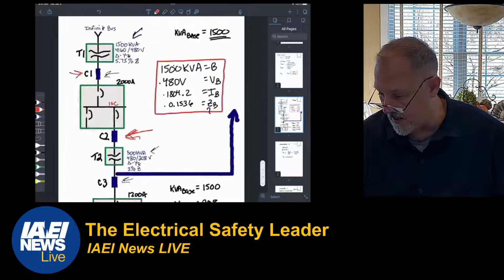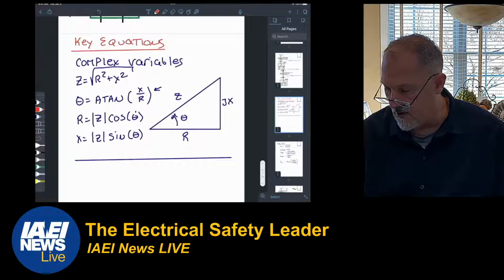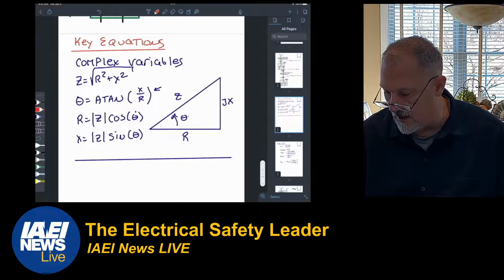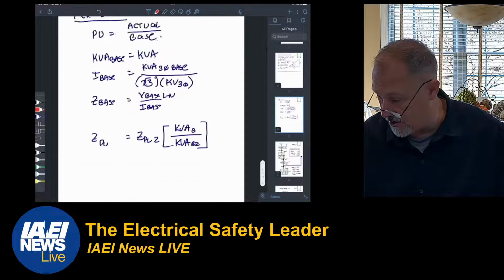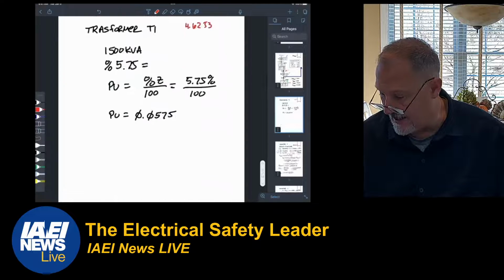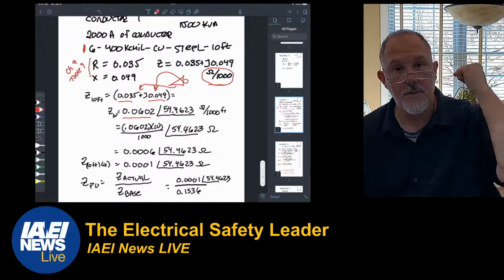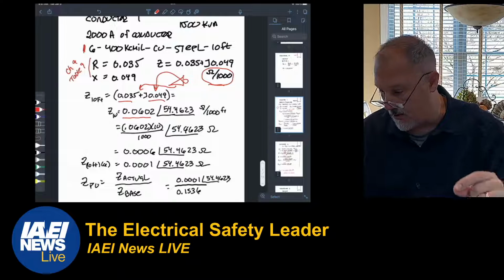Let's go back up to my equations. I took my X divided by my R and took the inverse tangent. That gives me my angle, and my magnitude is the square root of R squared plus X squared. So for conductor 1, I squared them, added them, took the square root, and got 0.0602.